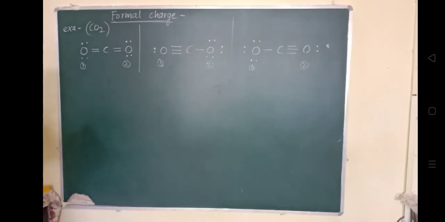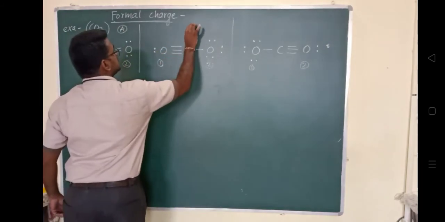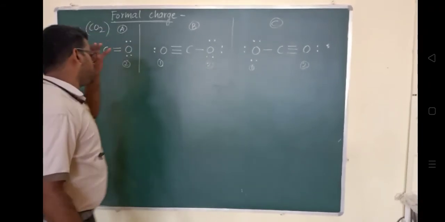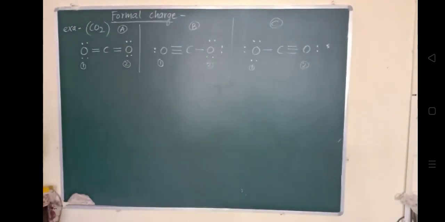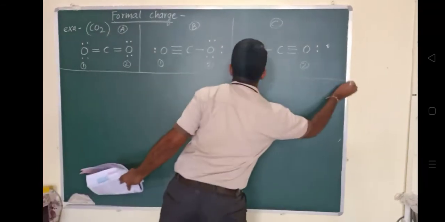Now, one by one, we will find out. Consider this as structure A, this is structure B, and this is structure C. Now, one by one, we will calculate the formal charges: the formal charges on oxygen, on the carbon, and on the other oxygen atom.